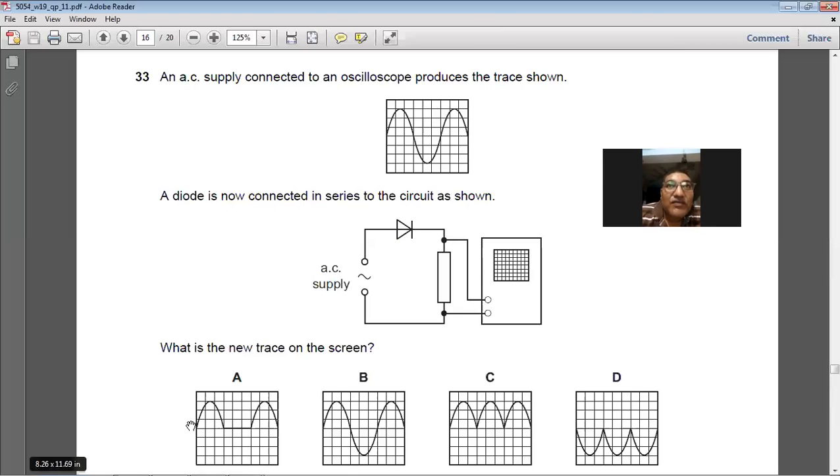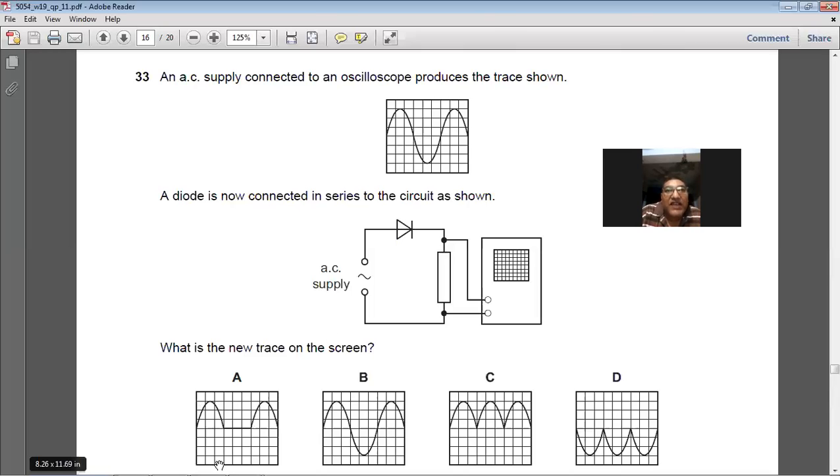So when the current flows in this direction, the voltage will be shown here. When the current flows in this direction, the voltage shown should be 0. The voltage across this resistor should be 0, I mean. So the voltage will be there, and then 0 voltage, then again there will be voltage.